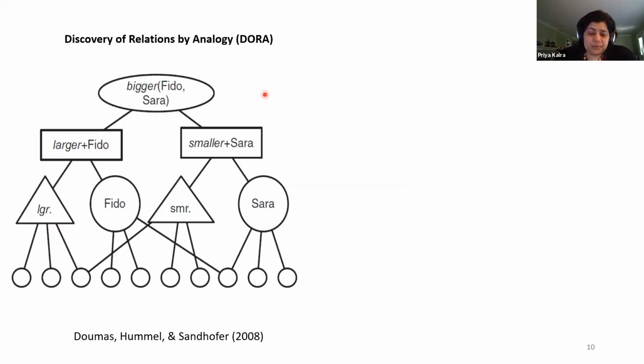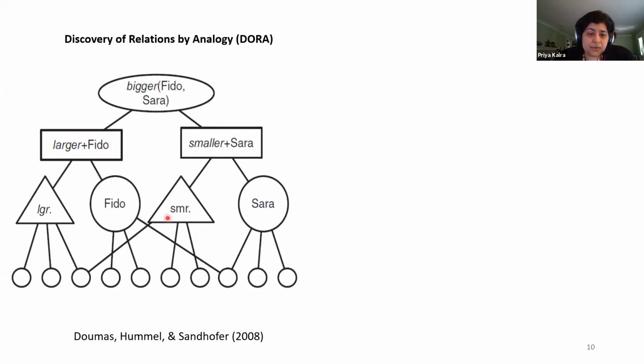So what I want to highlight is this idea of roles. So in the relation, Fido is bigger than Sarah, Fido takes the role of larger, Sarah takes the role of smaller. And one of the things about the DORA model that I think differentiates it from other models is that it specifically includes role binding units.